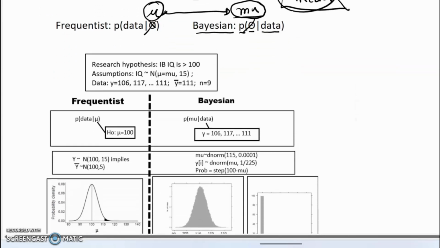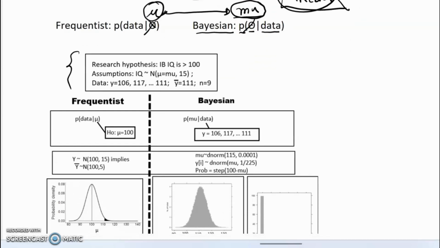Irrespective of whether we're taking the Bayesian or the Frequentist approach, there are some things that are going to be common to both. The first is that the research that's funding this was based on a grant proposal that had as its research hypothesis the notion that the IQ of the IB students was greater than 100. We assumed that the IQ of IB students is going to be normally distributed with some mean, and that's what we're interested in.